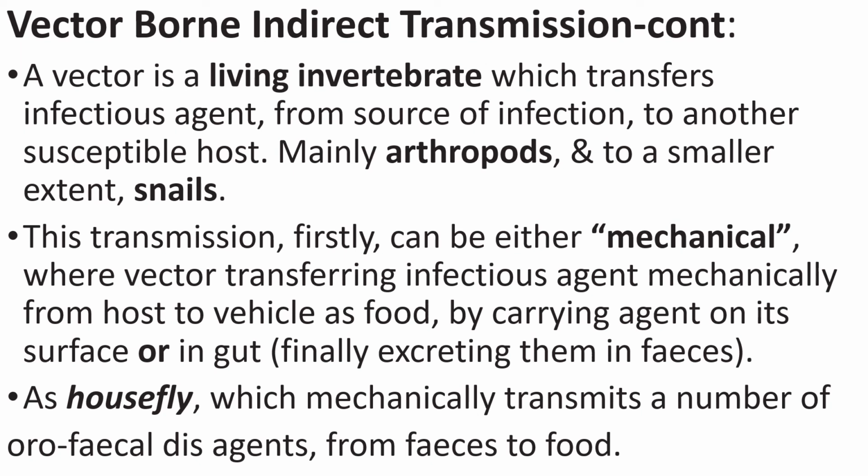Vector-borne indirect transmission. A vector is a living invertebrate, mainly arthropod, to less extent it is snails. This transmission firstly can be either mechanical, as when housefly carries on its surface the organism, as housefly, which mechanically transmits a number of orofecal disease agents from feces to food.